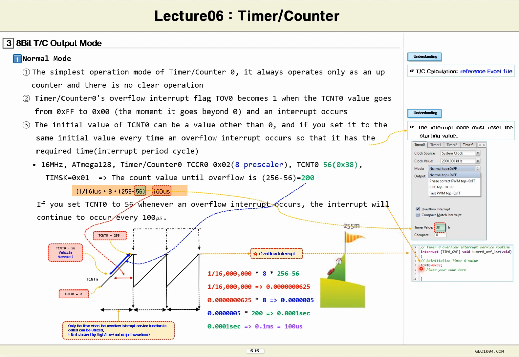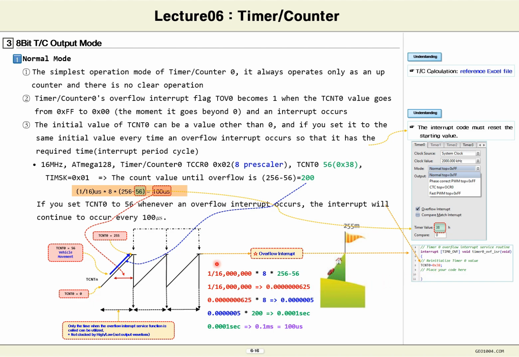So, within the timer 0 overflow interrupt service function, we keep the TCNT0 value as 0x38 in hexadecimal. The result is reflected as a decimal value of 56, so an interrupt can be called at regular periods. So, you must not omit this information.